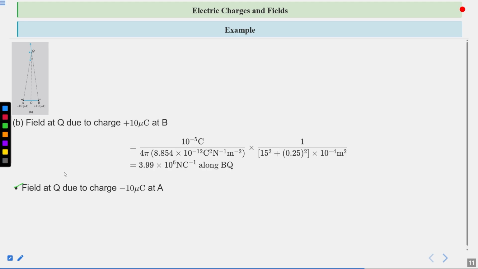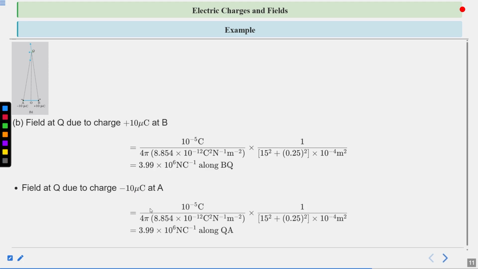Field at point Q due to charge minus 10 microcoulomb at A. So what will be the field? It will be charge divided by 4 pi epsilon naught into 1 upon distance squared. So substitute the values. It will be 10 raised to the power minus 5 coulomb divided by 4 pi, 8.854 into 10 raised to the power minus 12 coulomb square per Newton per meter square, and the distance is this one, converted into meter square.